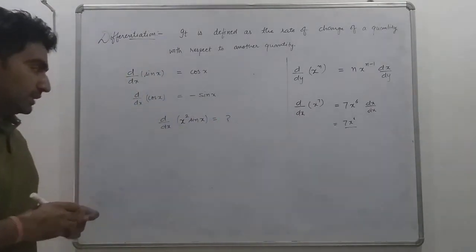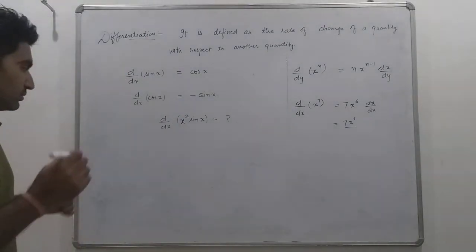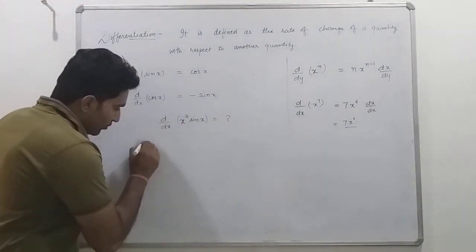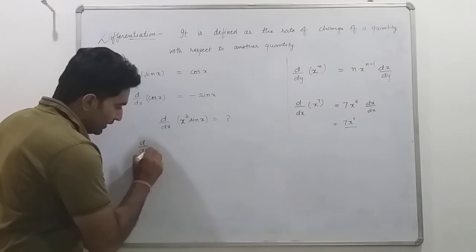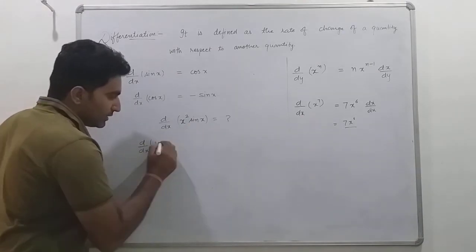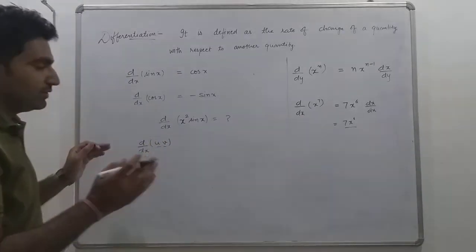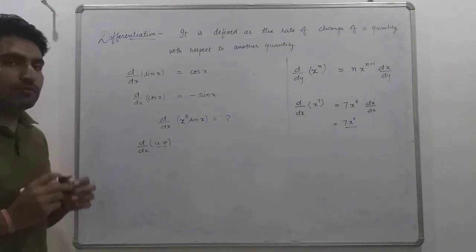So if we have problems like this, then we have to use a standard formula. Suppose I am representing x square by u and sine x by v, and we have two terms u and v which are multiplied with each other, and we have to find the differentiation.